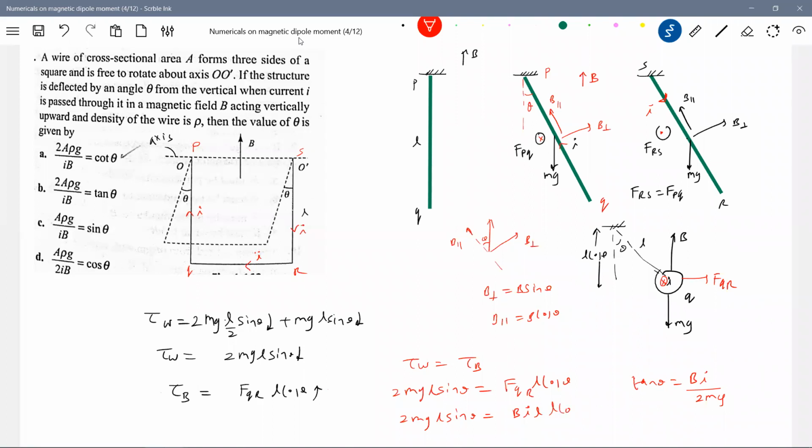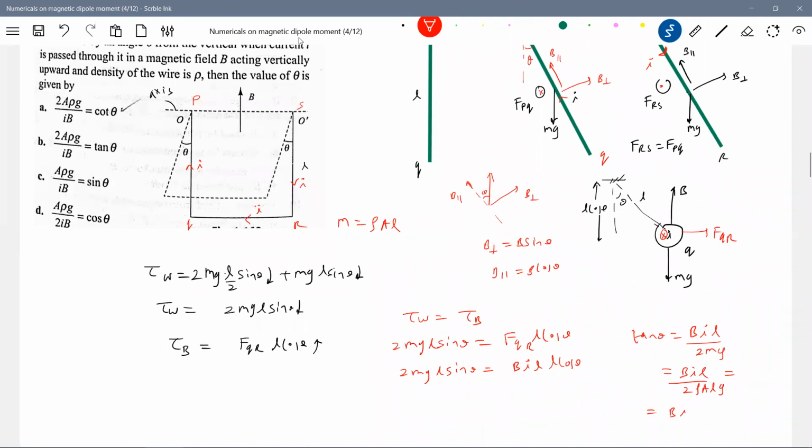Sir, BIL square. Yeah, BIL. What is M? M should be equal to rho, as given, density rho A into L. Tan theta equal to BI by 2 rho A g.